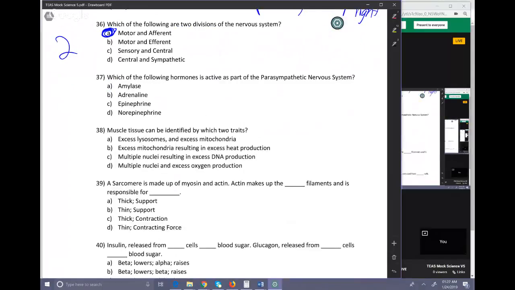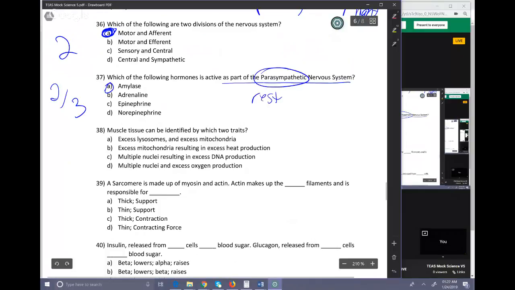Which of the following hormones is active as part of the parasympathetic nervous system? This is from Anatomy 2/3, you would say, and that's going to be amylase. This is still a question that I tend to get asked about. It's been talked about for a long time. When the parasympathetic is active, it's rest and digest.